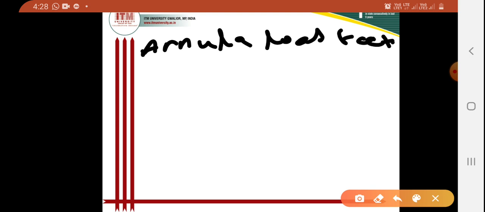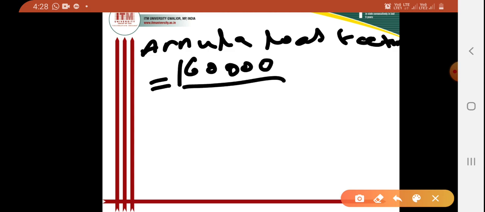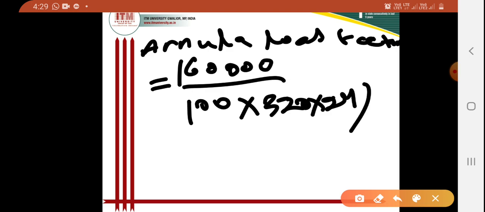So annual load factor, LF, by putting in the data I can write 1,60,000 divided by the maximum demand in megawatt, which is 100, into the operating hours, 320 into 24, and obviously it will be multiplied by 100 for percentage understanding.